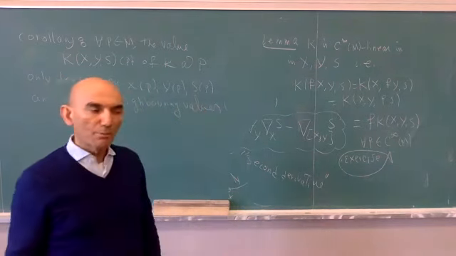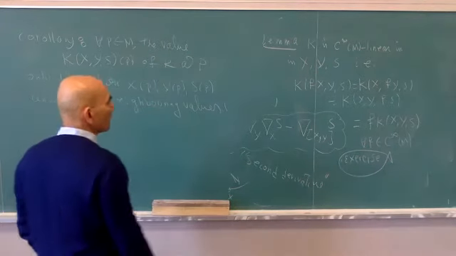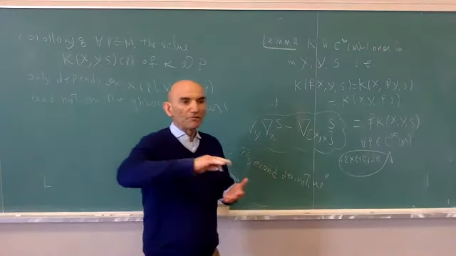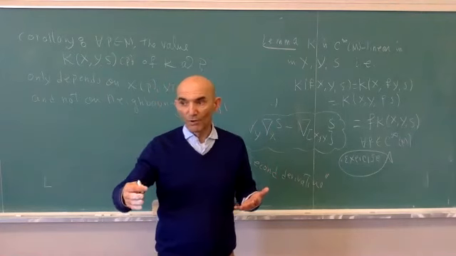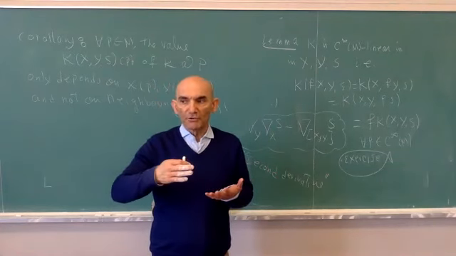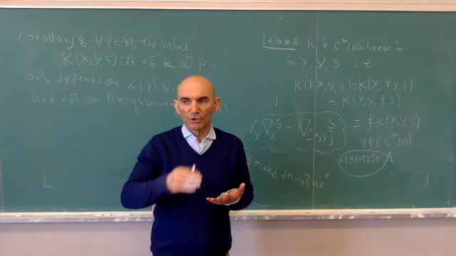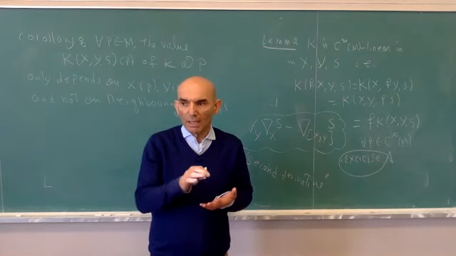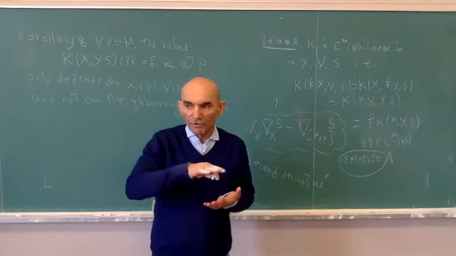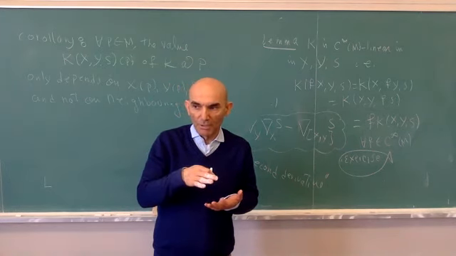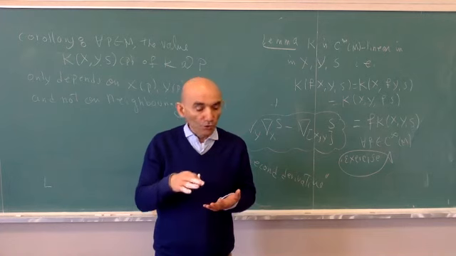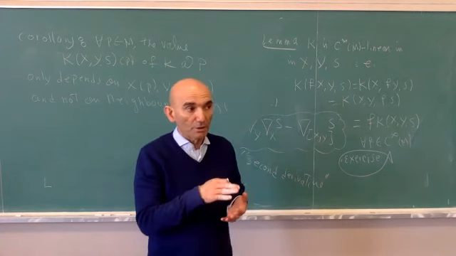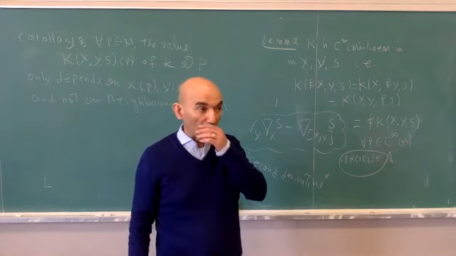So this is quite remarkable, right? Because when you differentiate a function, for example, the value of the derivative does not just depend on the value of the function at that point. That's totally wrong. It also depends on the value of the function on the neighborhood of that point, right? And the second derivative also depends on the value of the function on the neighborhood of that point.